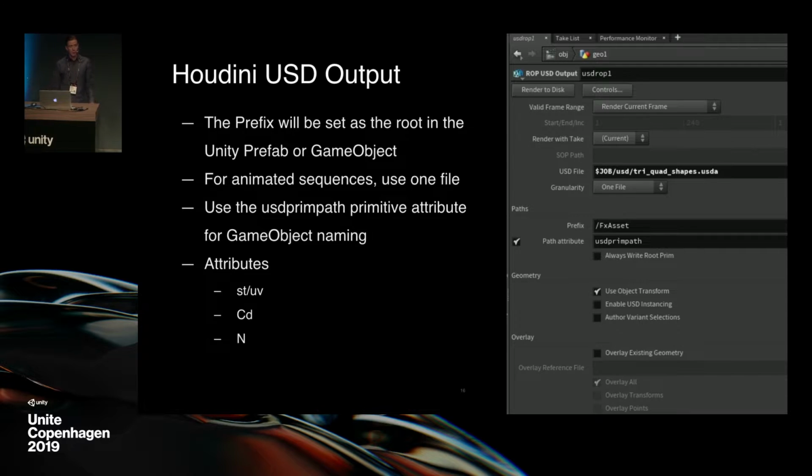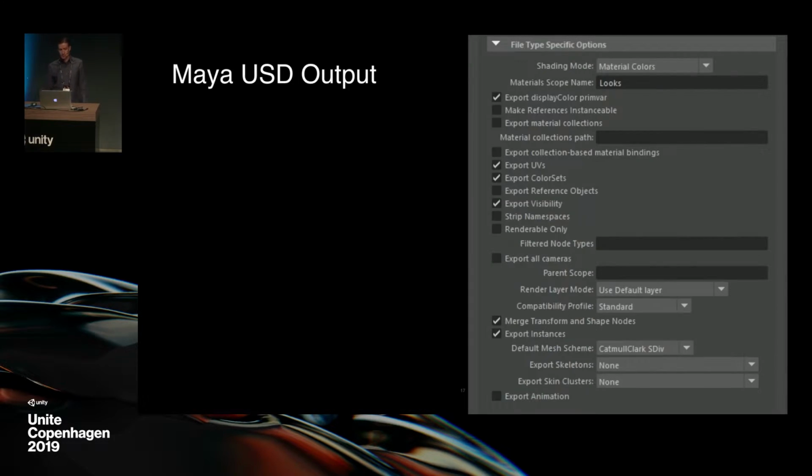One thing to be aware of is that if you're writing out UV data into USD from Houdini, Houdini stores it as a vector 3, so you'll need to transfer that to a vector 2 in order for it to write properly. So conversion might be necessary. Cd, the point color, will be transferred into USD as the display color, so this is what your objects will look like once brought into Unity.